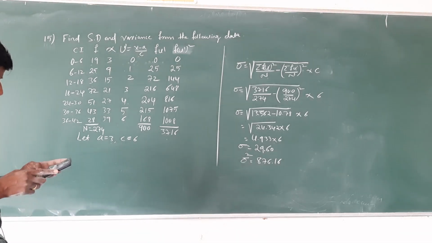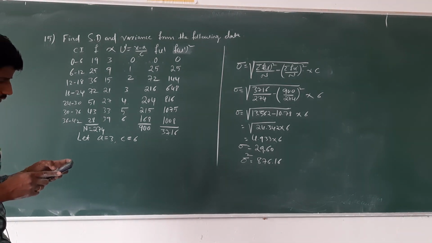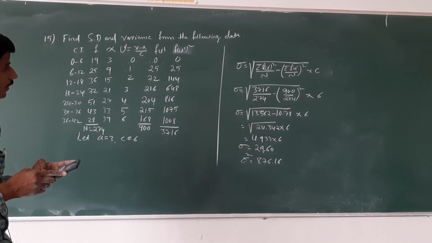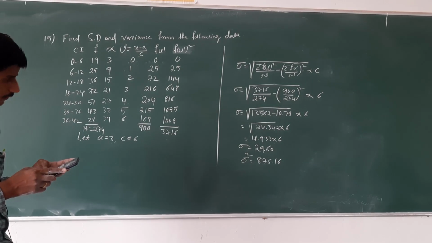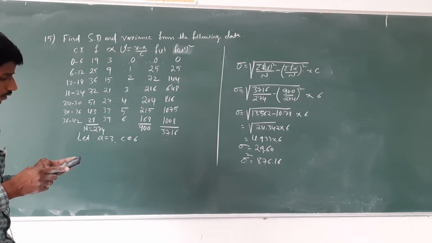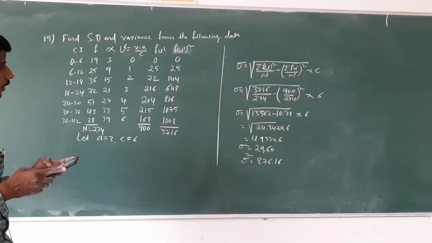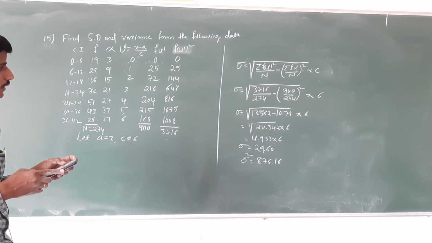3716 divided by 274 is 13.56. The next, 900 divided by 274 is 3.28. Its square is 10.78.